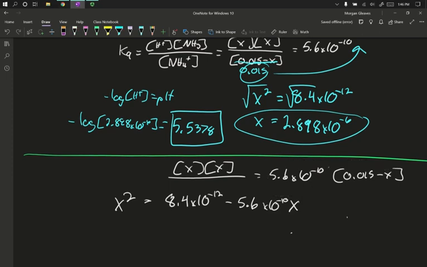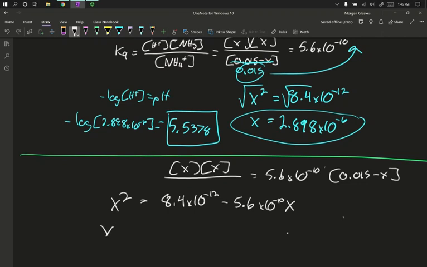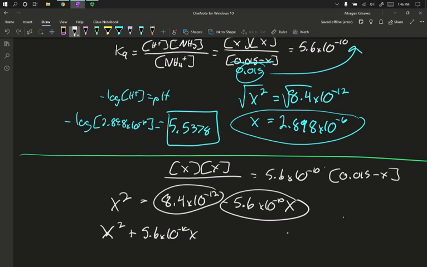Rearrange this to get it all on one side equal to 0. What we'll find is that x squared plus, so we'll add 5.6 times 10 to the minus 10 x to both sides, plus 5.6 times 10 to the minus 10 x, and then we'll subtract the 8.4 to move it over, minus 8.4 times 10 to the minus 12 equals 0.